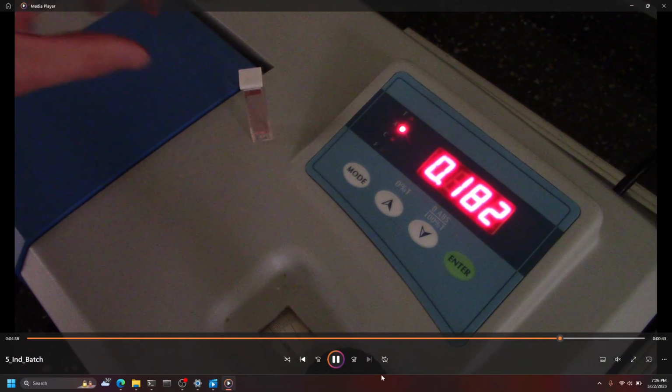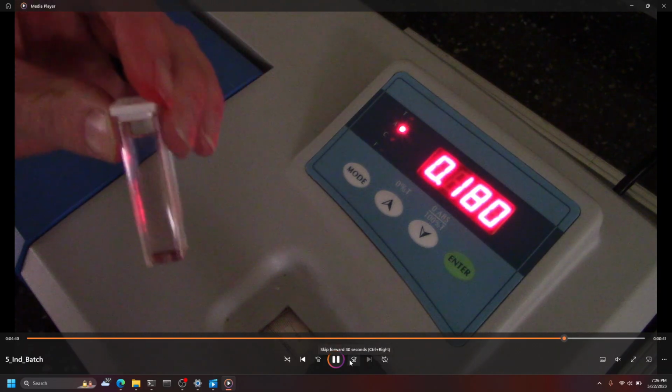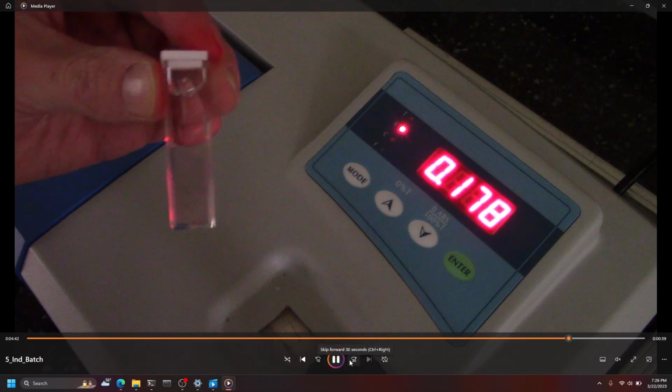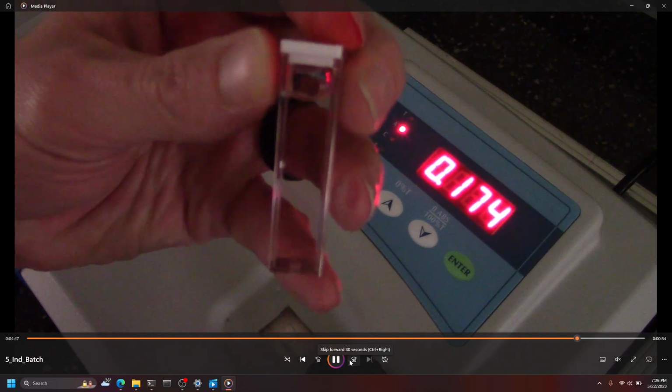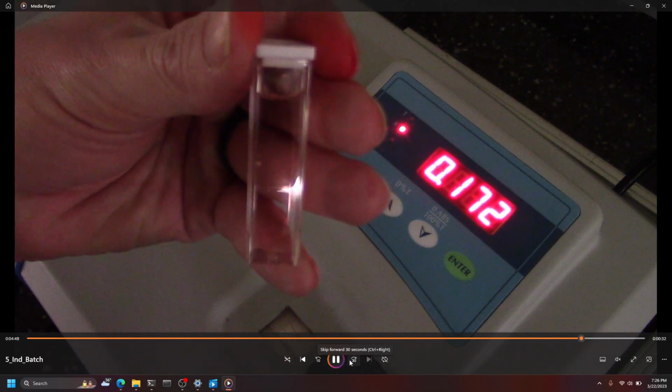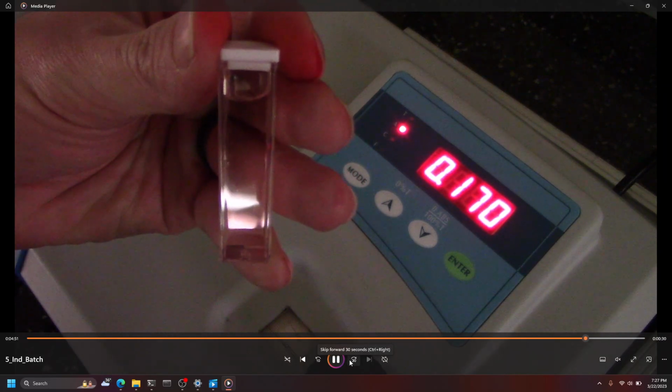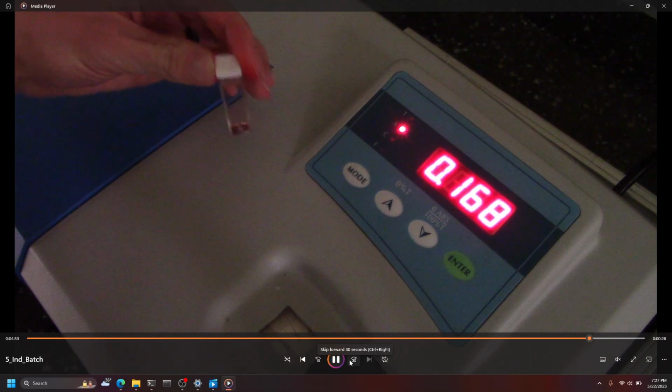As we go back over here and continue to look at this spectrometer, you can see that it actually looks pretty clear, and the reason it looks red is due to the reflection of the red light coming from the spectrometer.